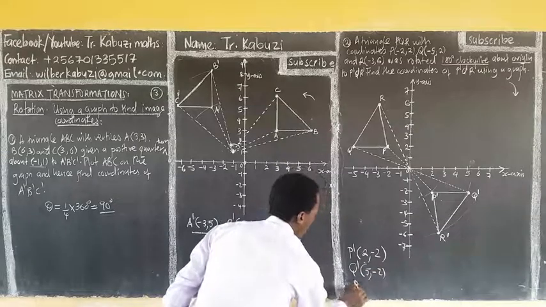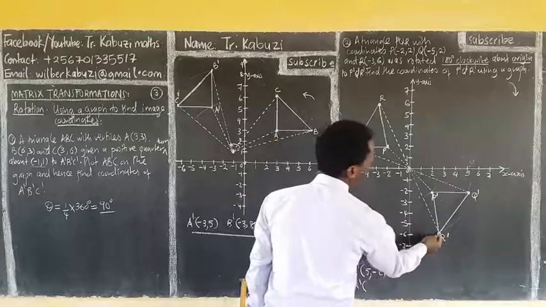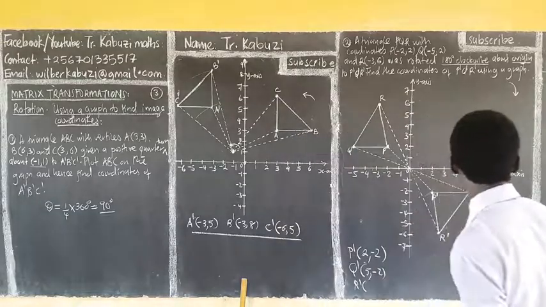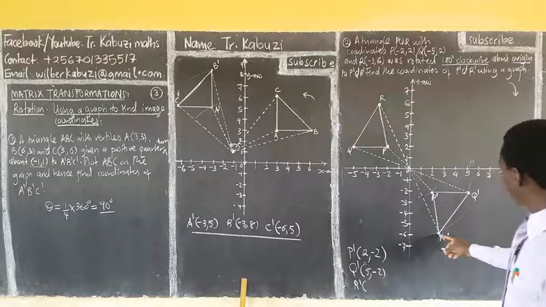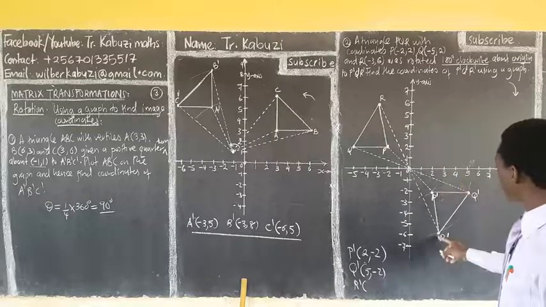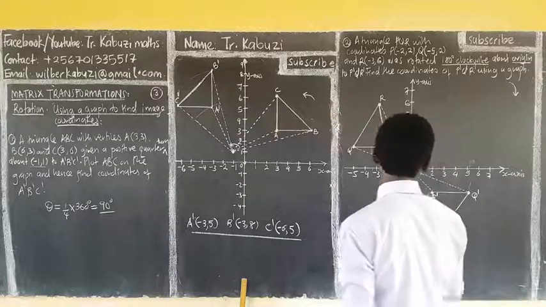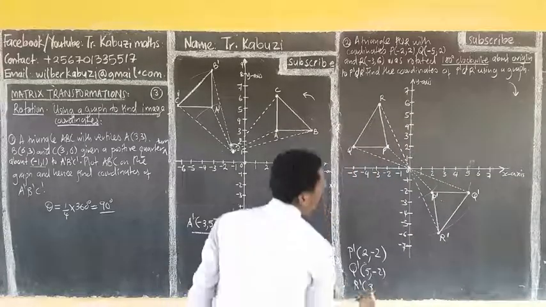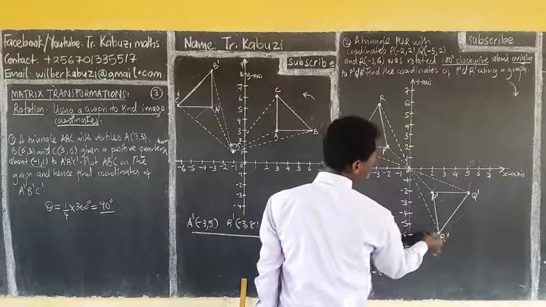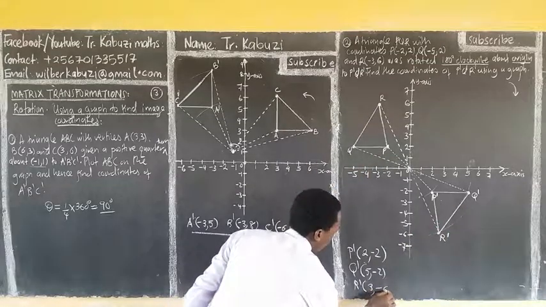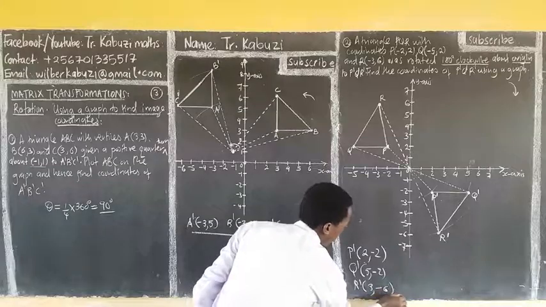Then my R prime, my x for R prime is 3, comma, then this one is going to be negative 6. So those are my coordinates.